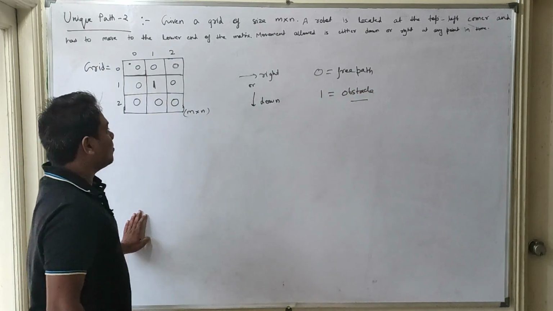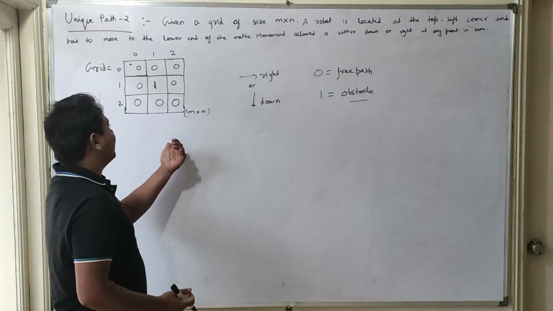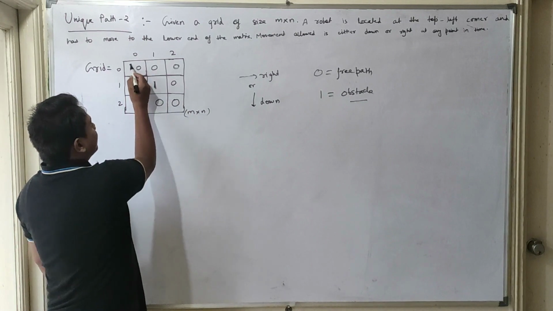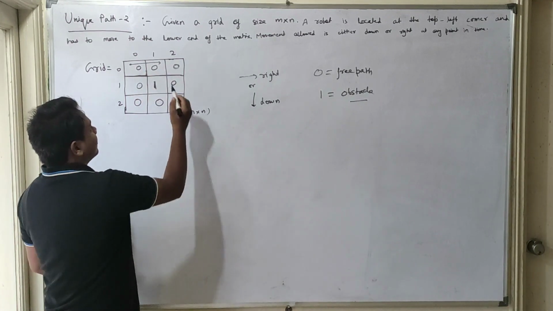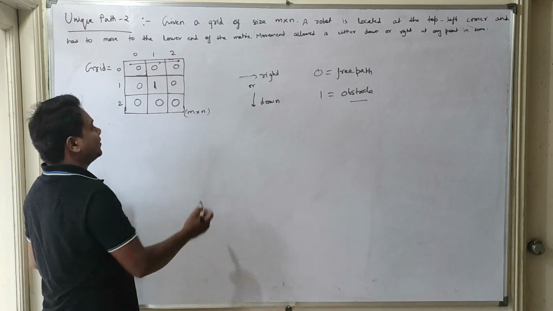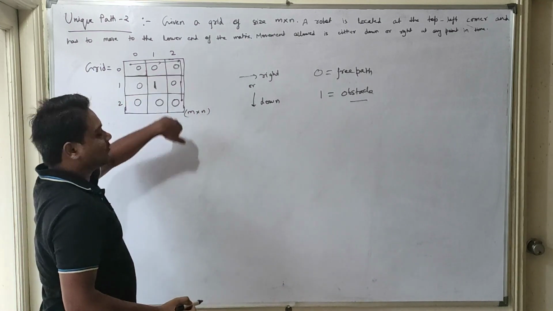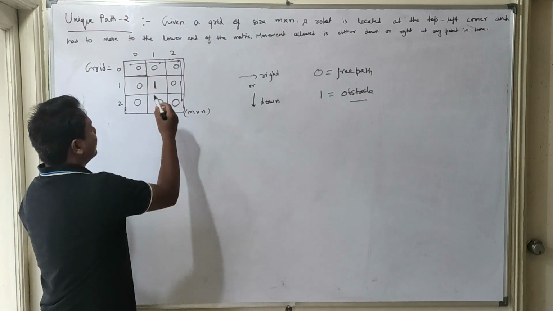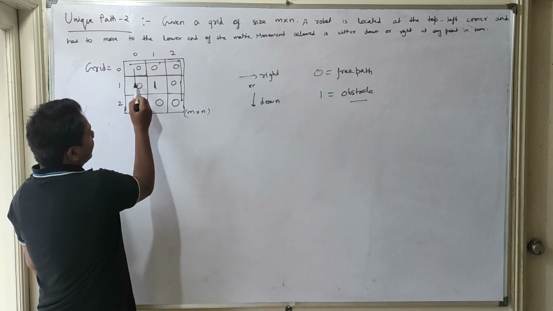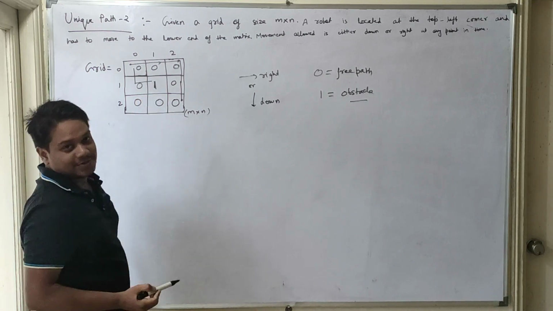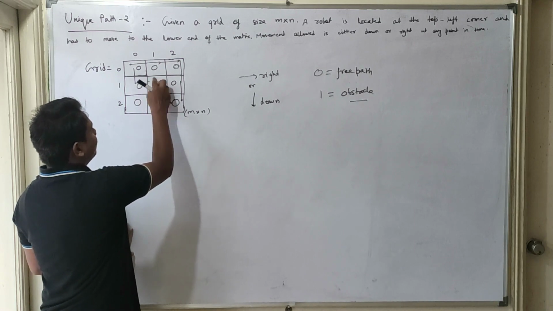Okay, so let's try to figure out how many paths are there for this given matrix. So the robot can move right, then again move right, then move down, then move down. So this is one of the paths. The other path can be: the robot can move down, it can move right, but since it is 1, we are having an obstacle, so it will not move right.